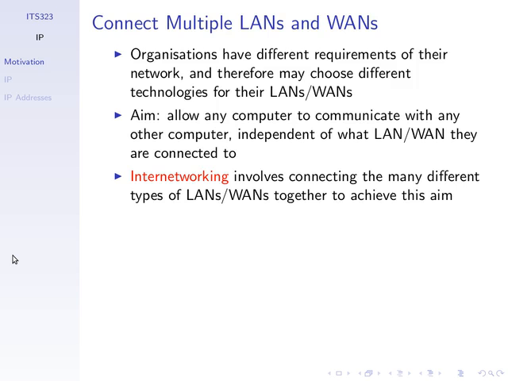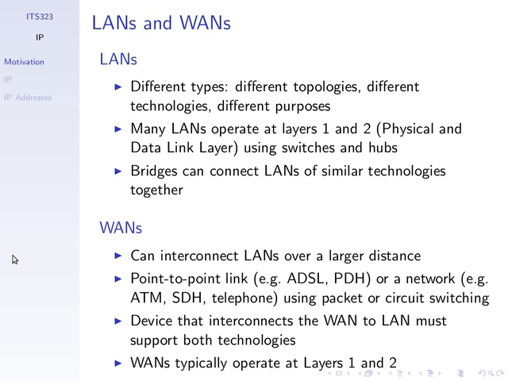So it may be a packet switch network, for example. And it may cover a large area. An example packet switch network, where these are the packet switches. And then we would connect our LAN at the Rangsit campus to their wide area network. So wide area networks may use point-to-point links or an entire network using packet switching or circuit switching.